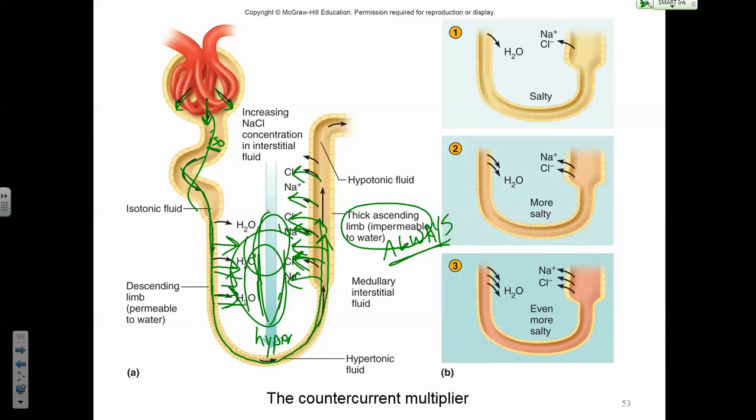Water moves out of the what limb? Descending. Salt moves out of the ascending limb. The more salt that gets pumped out, the more hypotonic the fluid is by the time it gets to the distal tubule. That movement of opposing directions in the ascending and descending limbs is referred to as a countercurrent mechanism.